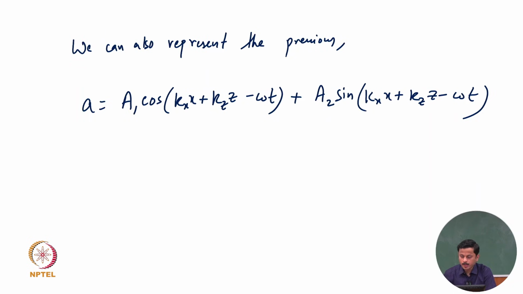Okay, here a1 and a2 are two amplitudes. So a1 is equal to a cos phi, phi being the reference phase, and a2 equal to minus a sin phi.